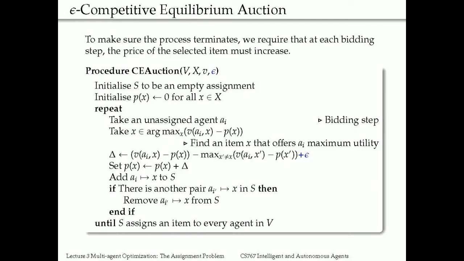And we have this alternative auction mechanism, which we call the competitive equilibrium auction, or CE auction mechanism. Right? And because of this, the price will always increment, and the process will eventually terminate.